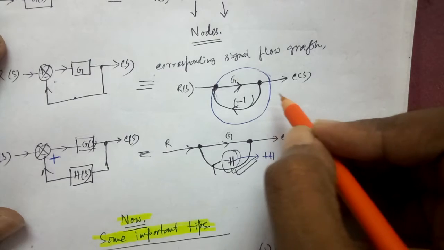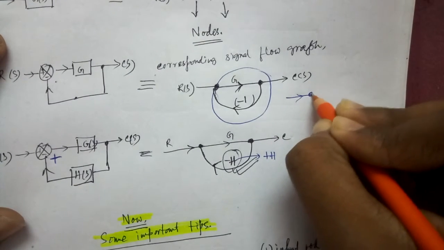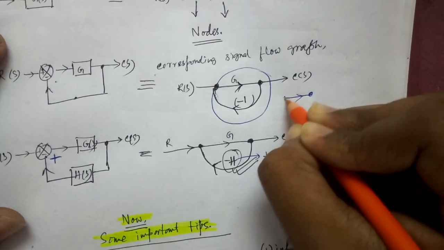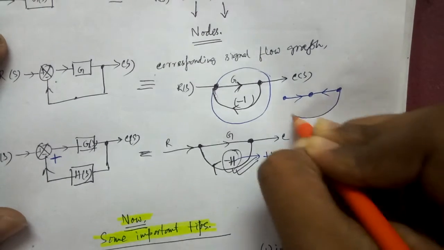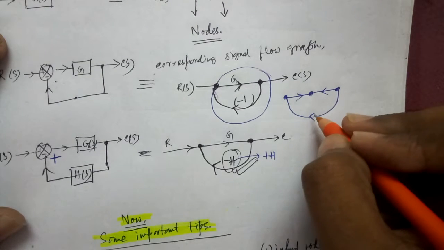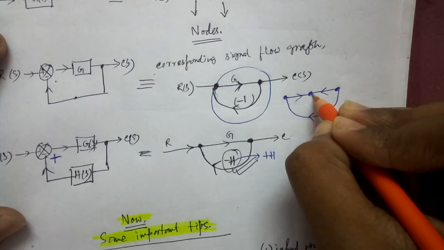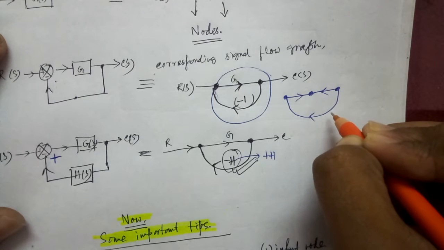Now if there is the signal like this is coming here, here is a node, here is a node, and here is a node. Now here the feedback is coming, or a signal is coming, then this loop is not completing actually.